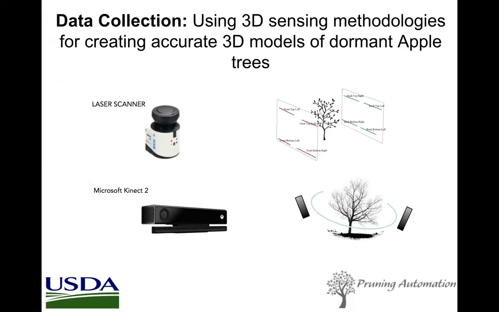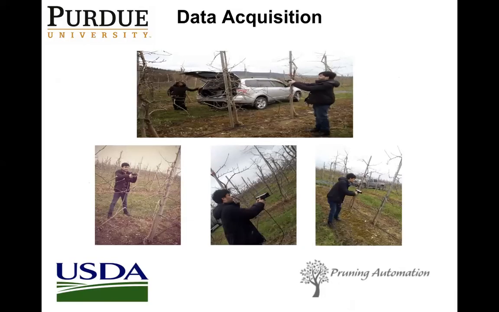So as I mentioned, I will just go quickly over my slides. We investigated the use of many sensors like laser scanners, LiDARs, Kinect, and this is me and my students collecting data in very, very cold weather. You don't know how cold it is.